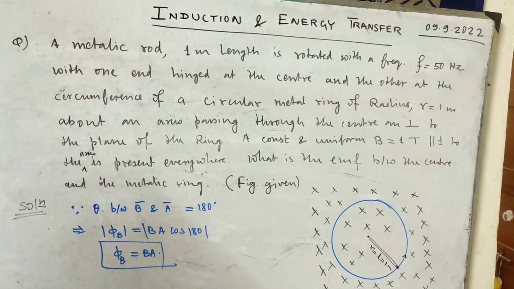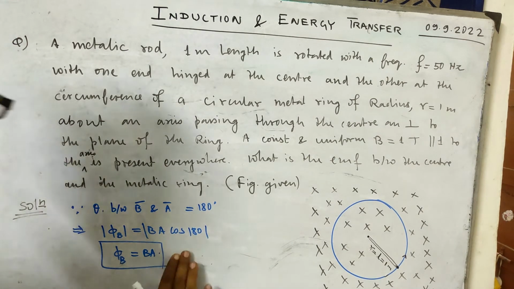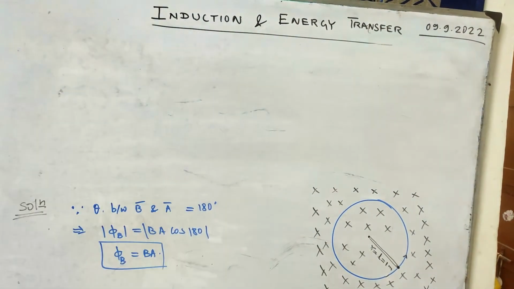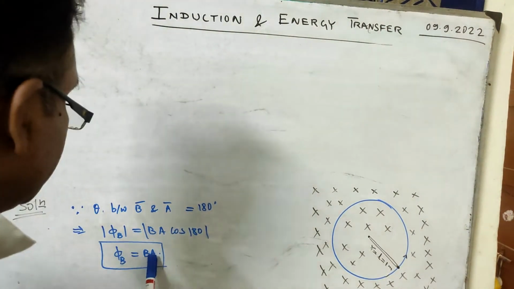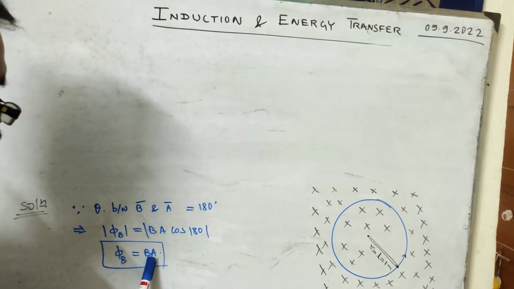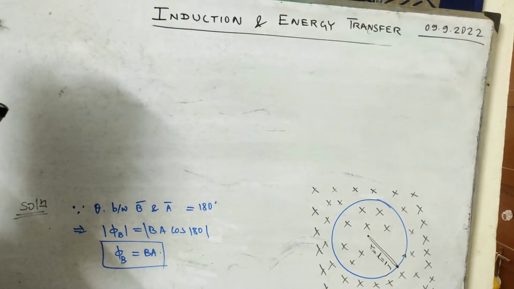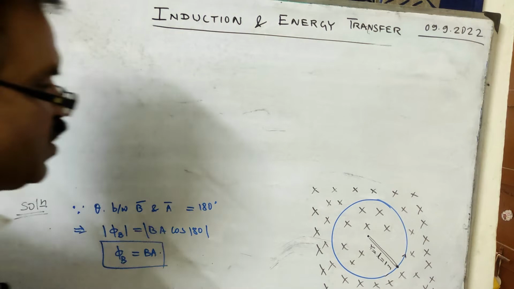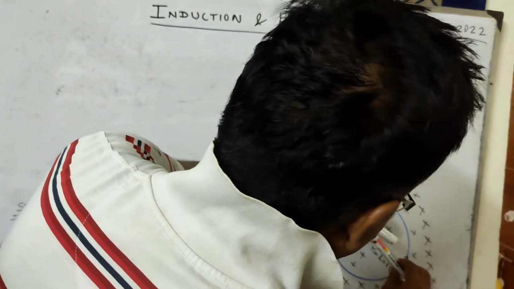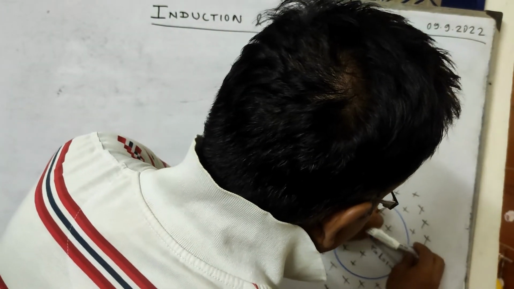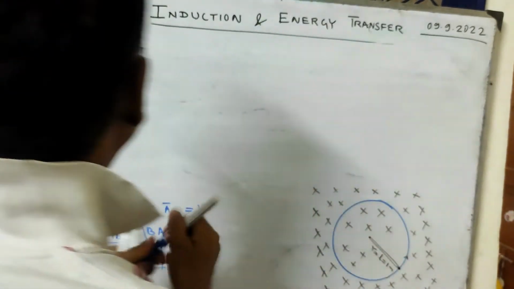Right till this. Now what is happening? The area is changing. If the rod rotates like this, what is the frequency?